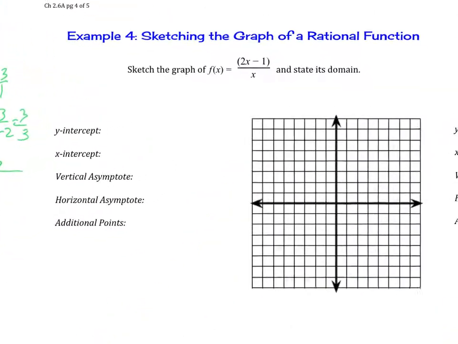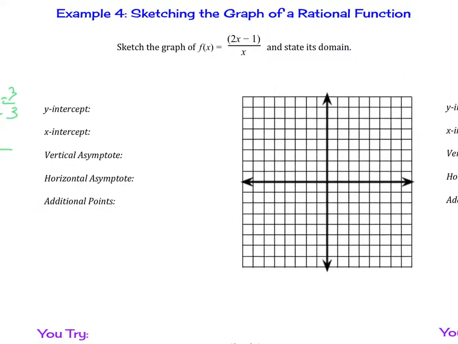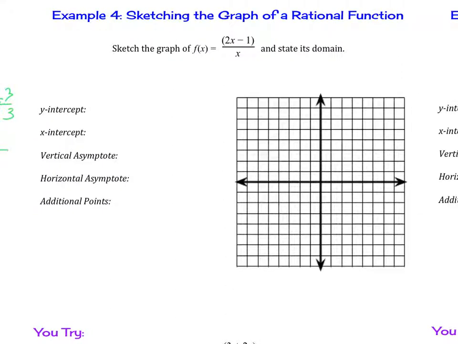So let's try this next example: 2x minus 1 over x. We know right away that our vertical asymptote comes from the denominator, x equals 0. For our horizontal asymptote, the degree is the same in the numerator and the denominator, so it's just the leading coefficients that help us.